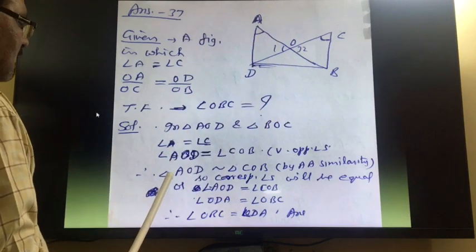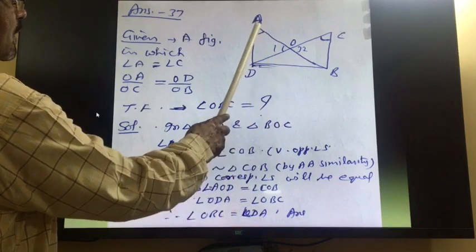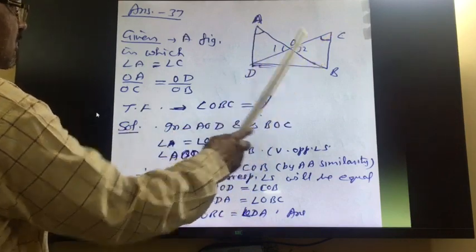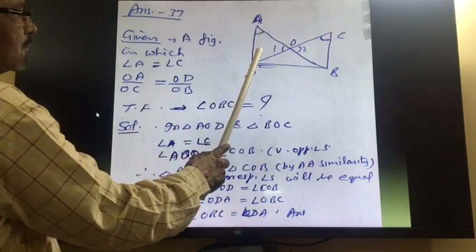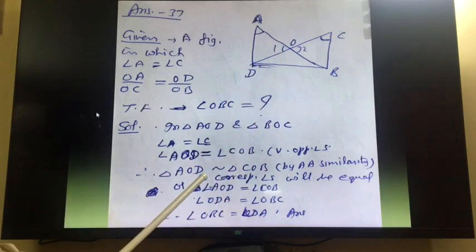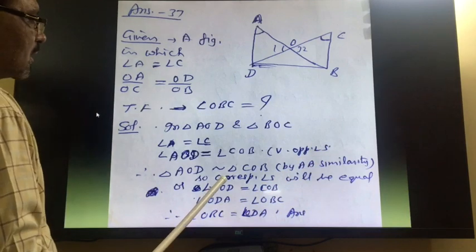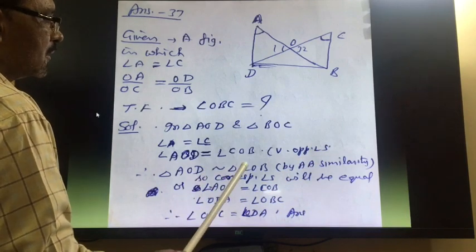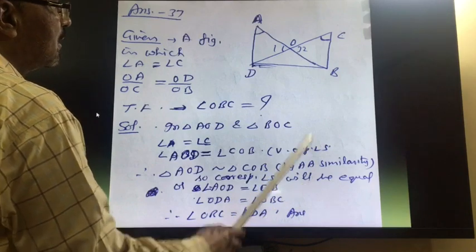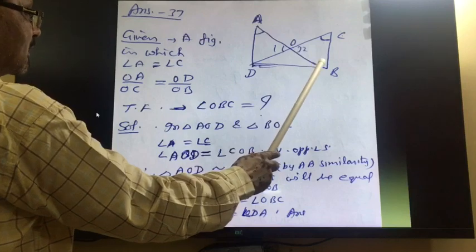So triangle AOD is similar to triangle COB. As the triangles are similar, corresponding angles are equal and sides are proportional.